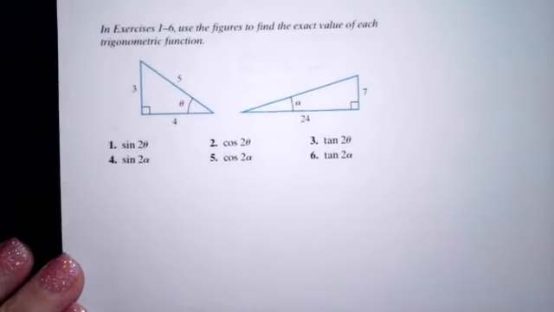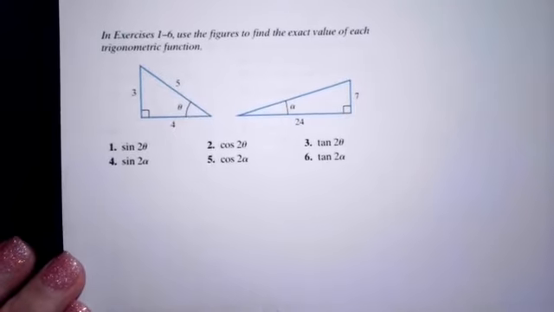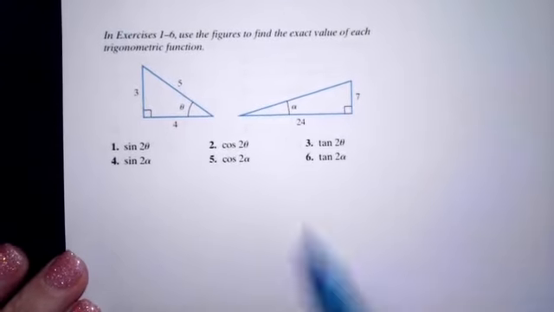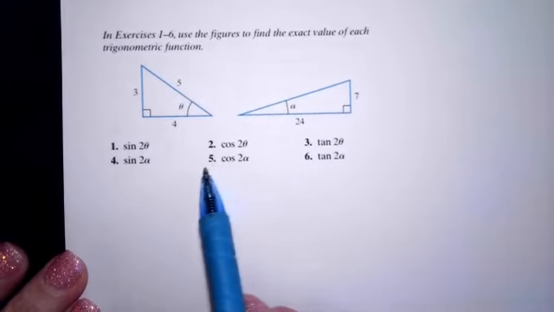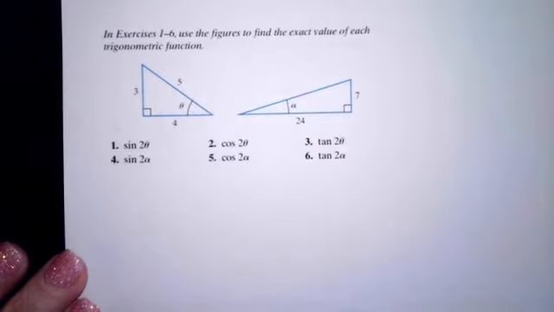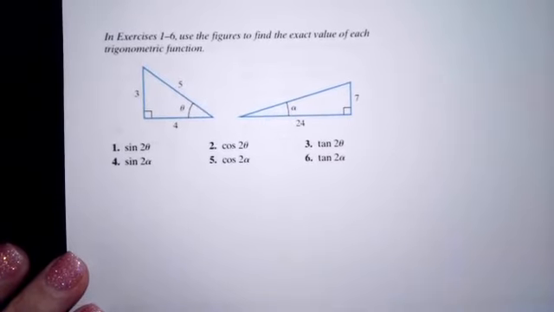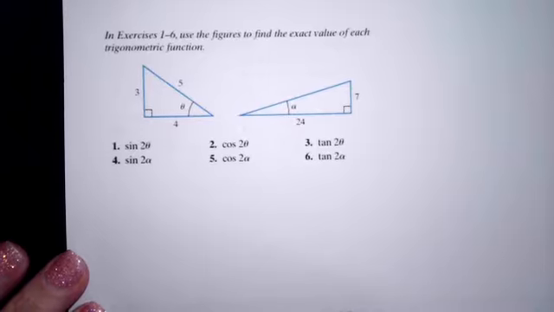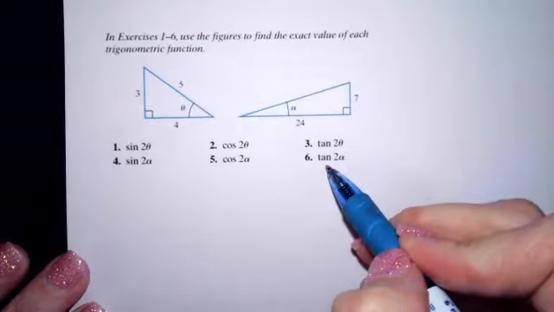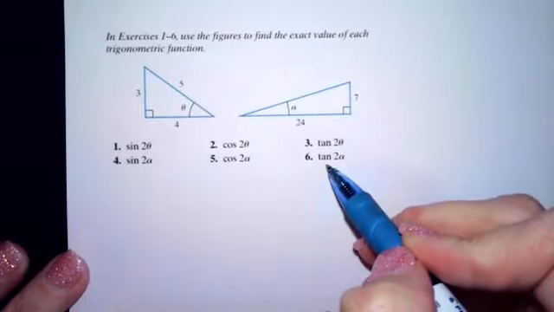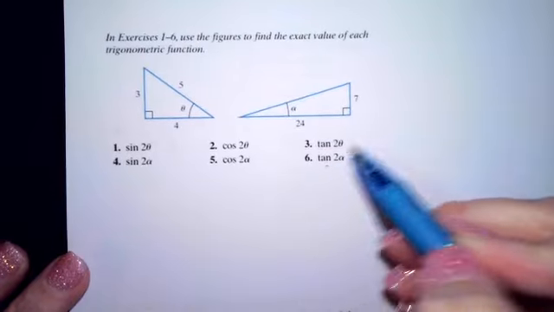Okay, so now looking at 1 through 6. I know I was asked to do 5 and 6, and so it really doesn't matter. If I'm finding the tangent of 2 theta, then I can use that formula.